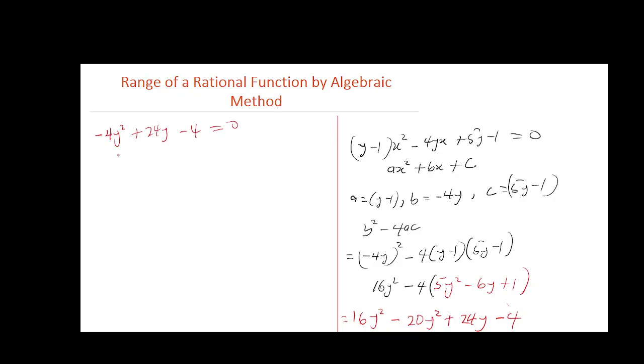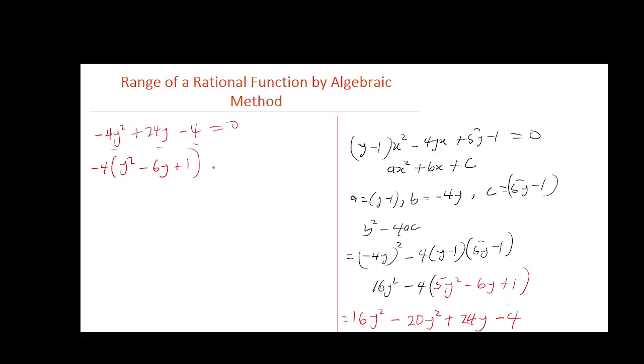So we see that we can factor out minus 4 in this expression, and we can have minus 4 in y squared, 24 divided by minus 4 will give us minus 6y, and minus 4 divided by minus 4 will give us plus 1.